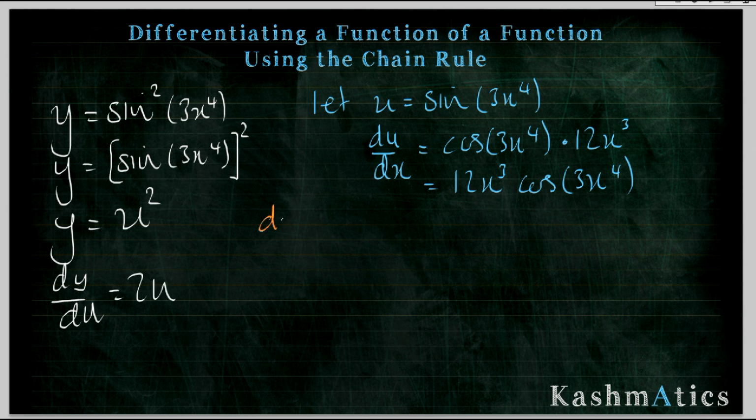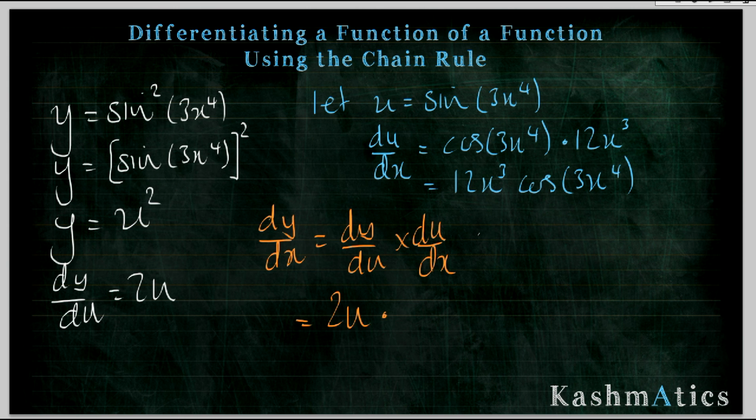Dy by dx is equal to dy by du times du by dx, and dy by du is 2u multiplied by du by dx, which is all of this over here.